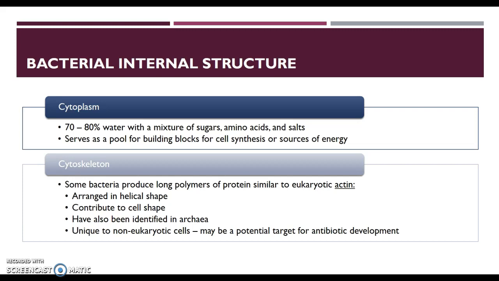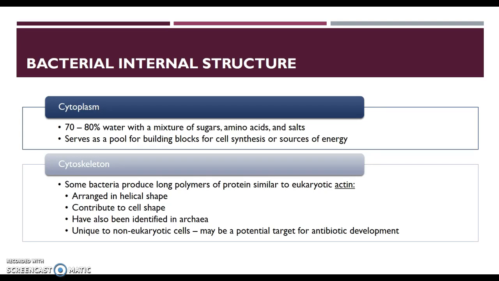It also serves as a pool for building blocks for cell synthesis, sources of energy, all of the molecules and materials that the cell needs to repair itself or create new organelles, create proteins, create complex sugars are all found within that cytoplasm.